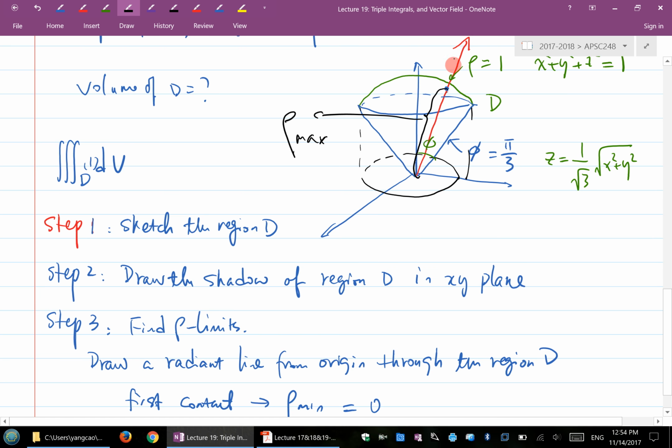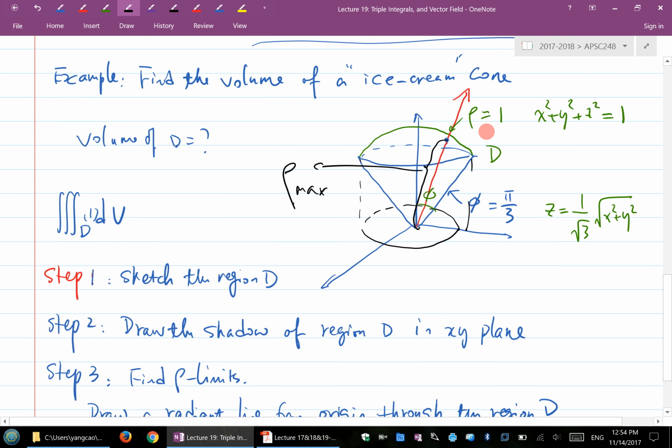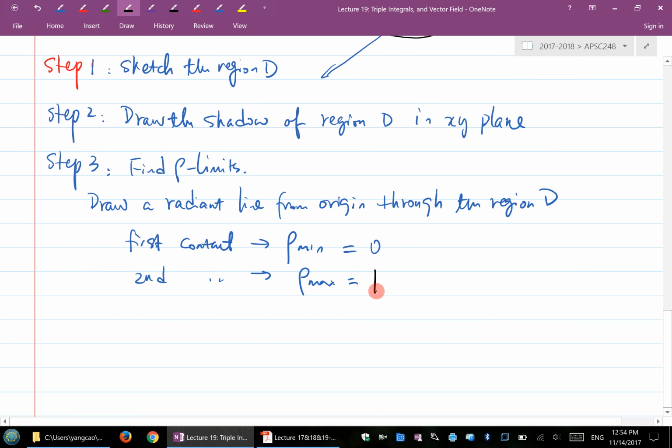But in this case, it's quite straightforward, because wherever you draw that reading line, it always lands at the top cone surface, and that top cone surface, as we just said, is part of the sphere. So rho max in this case is equal to 1. Good. Now let's find the phi limit.